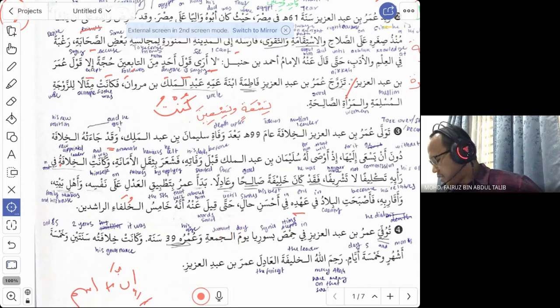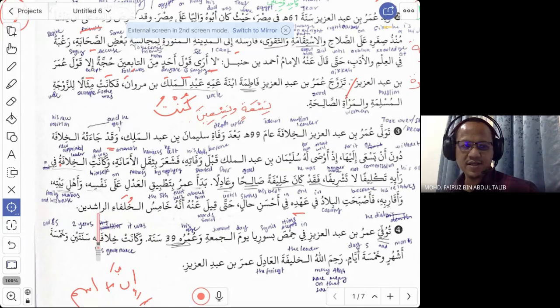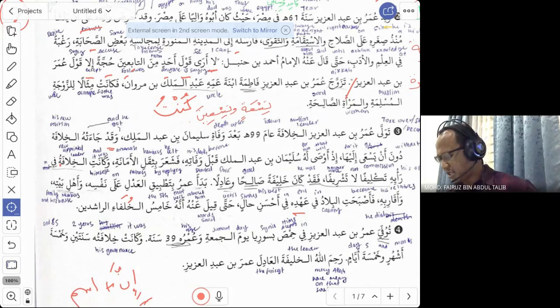Hatta qila, until it was said, so people said about him, annahu khamis, that he is the fifth of the Khulafa ur-Rashidin. Of course, Khulafa ur-Rashidin, the guided Khalifa, we only have four of them. But some people put Umar Abdul Aziz as one of these Khulafa. So they said he is the fifth Khulafa ur-Rashidin. Naam.